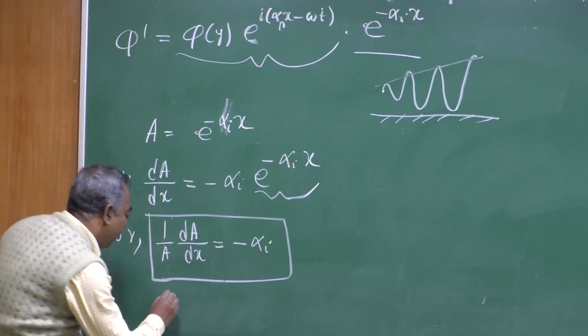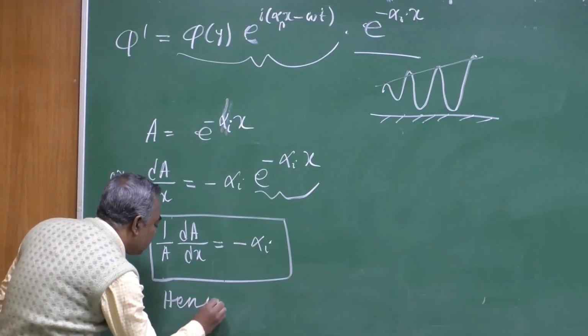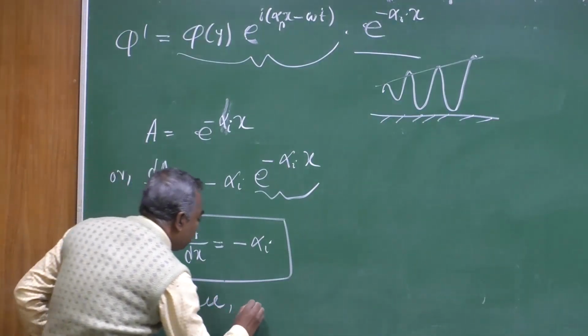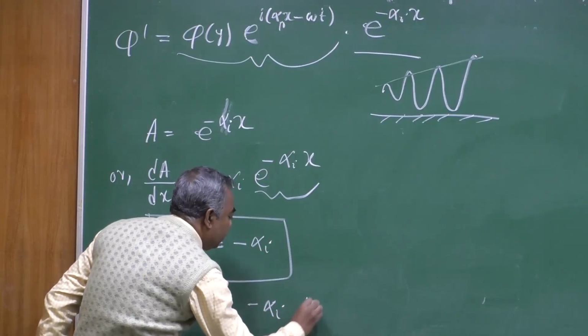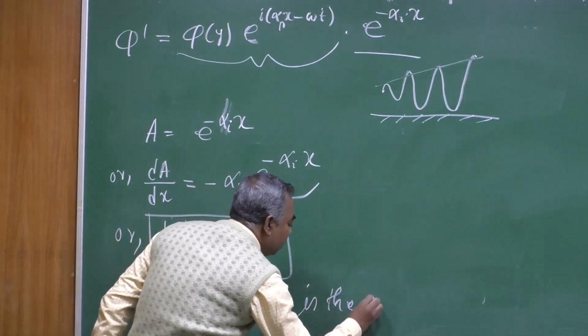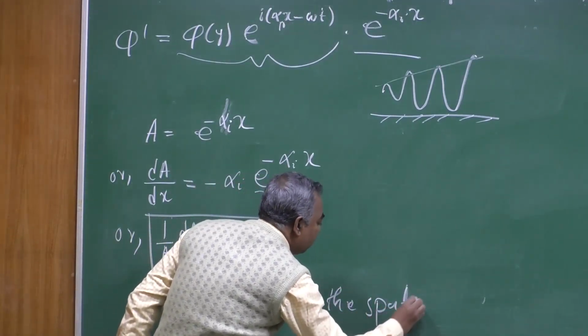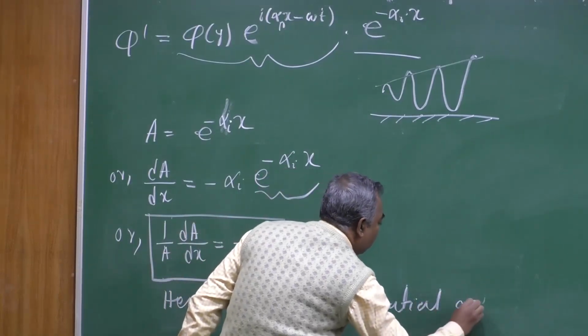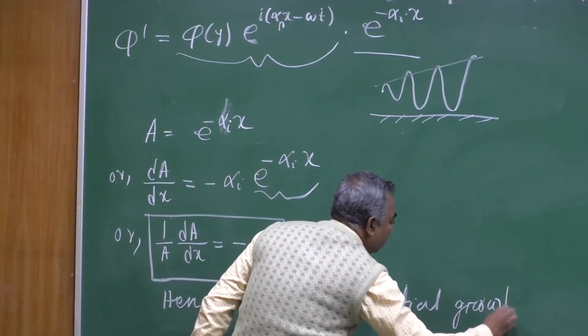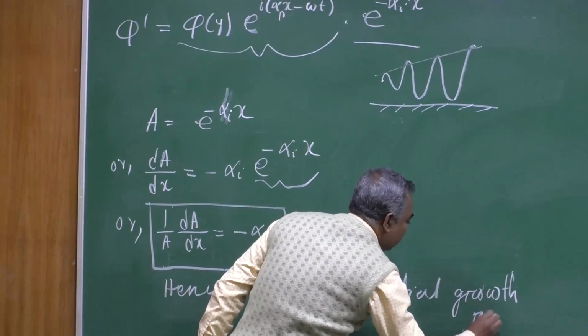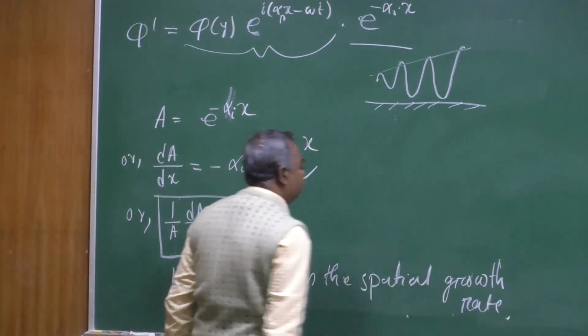Okay. So, hence minus alpha i is the spatial growth rate. Okay.